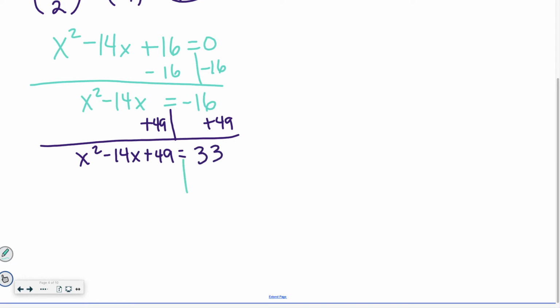Okay, so I'm not done quite yet. The next thing I'm going to do is rewrite this perfect square trinomial as a perfect square binomial. So I say x, and then remember you do minus 7. You take half of your b value, so negative 14 divided by 2 is negative 7. Square it.